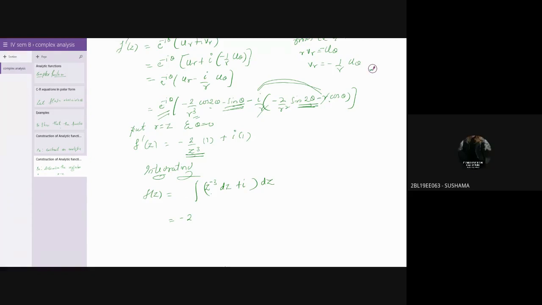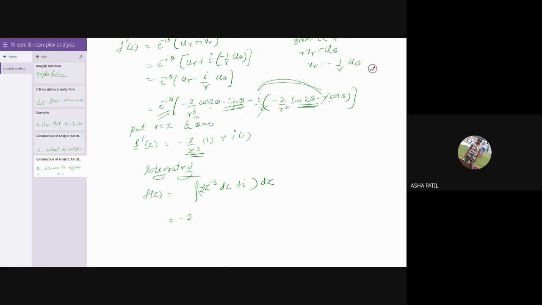Minus 2 should be multiplied, z raised to minus 2 by minus 2. The minus 2 I am writing inside, because it is only for the first term.